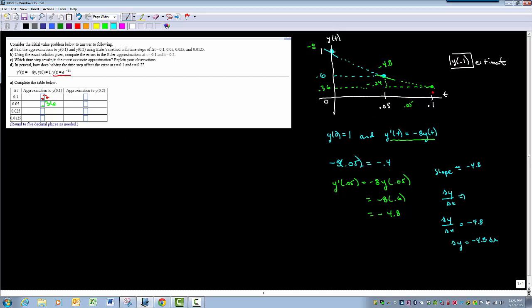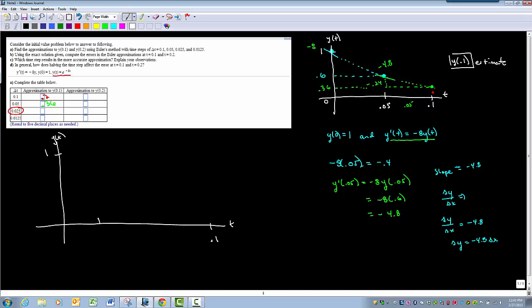So I'll do one more with you because I don't think we need to go through all of these. Let's take a look at this guy. Same drawing. Here's 0.1 on my t. This is y of t. We're starting out at a height of 1. But now we're changing our t value by 0.025.